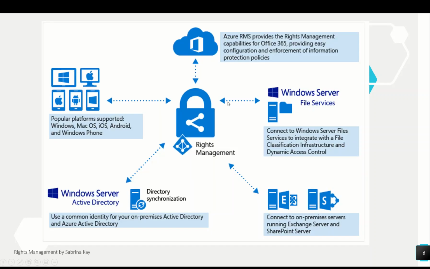So these are the Azure Rights Management supported solutions. So we start with the cloud level, and then moving on to Windows Server, which is the file service, where it needs to integrate with the file classification infrastructure and dynamic access control. Next would be Exchange Server and SharePoint Server. It does support that.